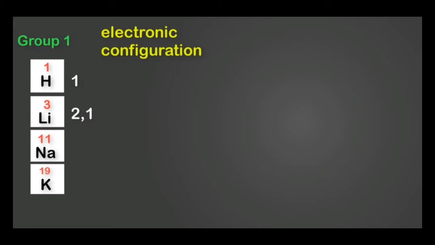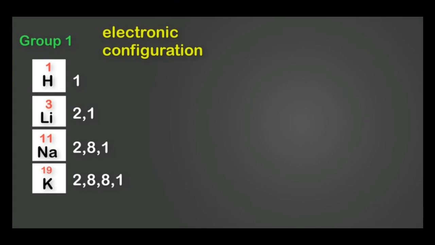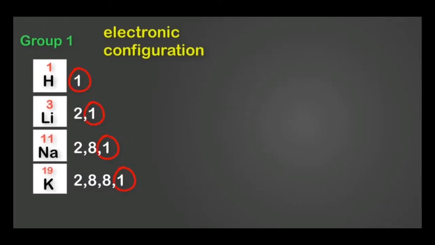Hydrogen has only one electron, so 1. For lithium, it is 2, 1. Sodium, 2, 8, 1. Potassium, 2, 8, 8, 1. What do these elements have in common?